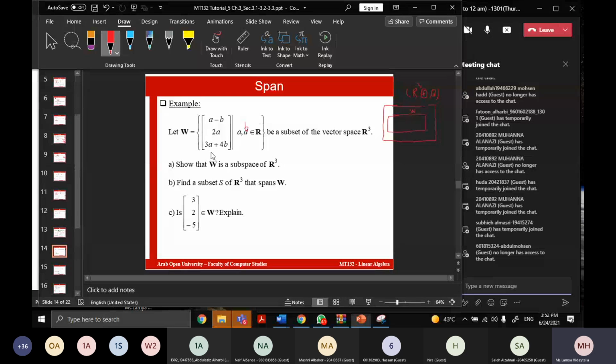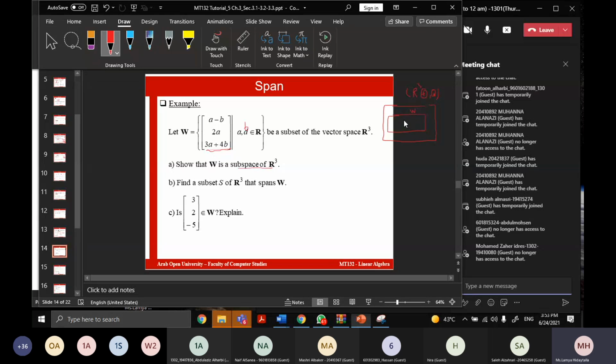What do its elements look like? They look like this. Then the question asks us to show that W is a subspace. We can go and use the three conditions and prove it, but in this case I can easily use the last theorem.